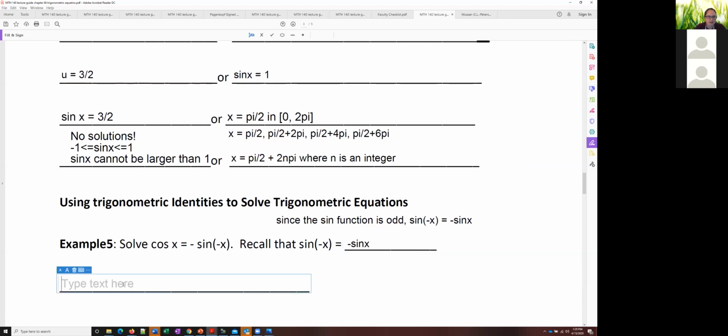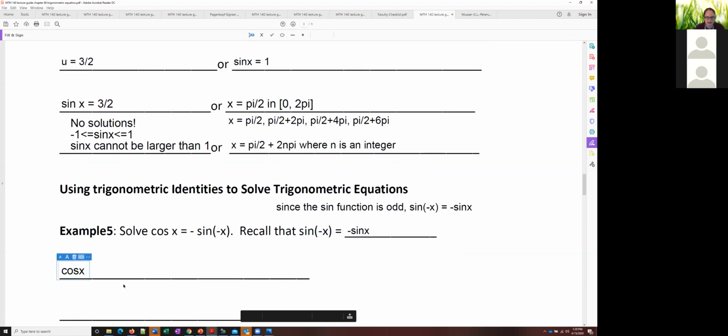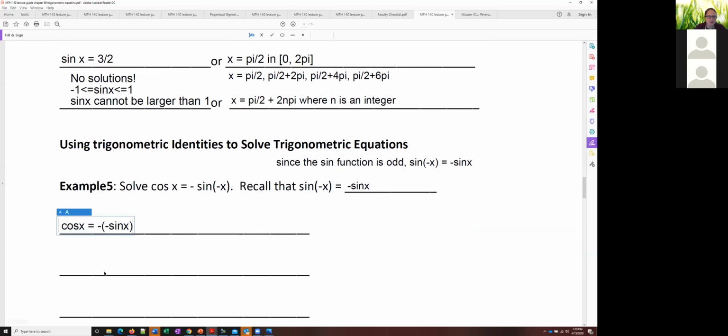So now this equation turns into cosine x equals, and then I have a negative that was part of my original equation, and I'm going to replace sine of negative x with negative sine x. So I've got 2 negatives, one from my original equation and one because of this identity, and those 2 negatives cancel each other out. So we get cosine x equals sine x.